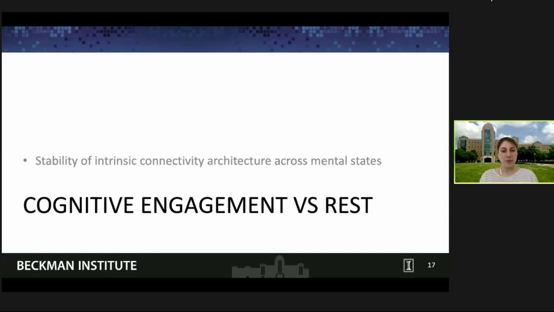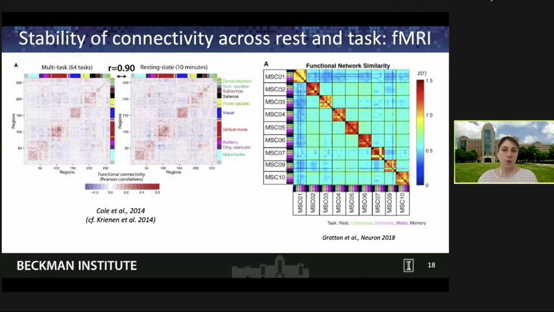And then finally, I'm going to get to my final message, which is that both phase coupling and amplitude coupling of fast oscillations are extremely stable, independent of what cognitive setting the subject is in, whether they're cognitively engaged in a task or whether they're at resting state or whether they're in various different kinds of tasks. So to illustrate that, I'll start off with what we know from the fMRI literature.